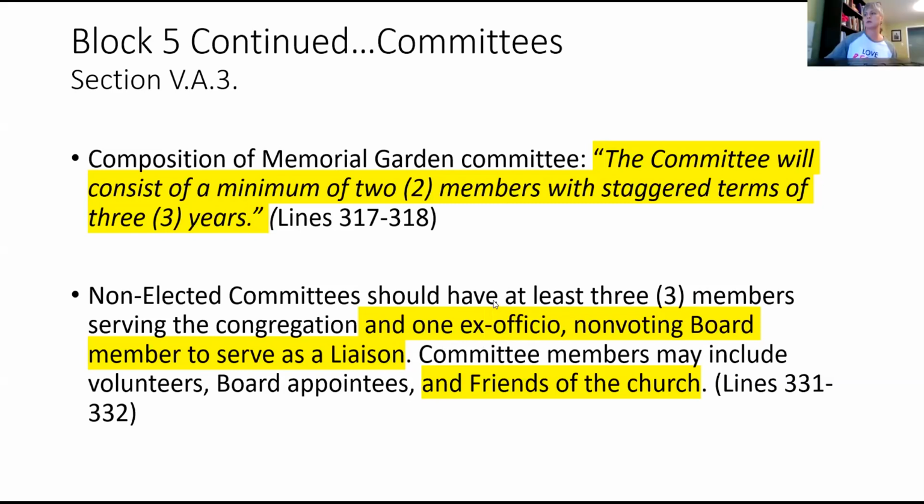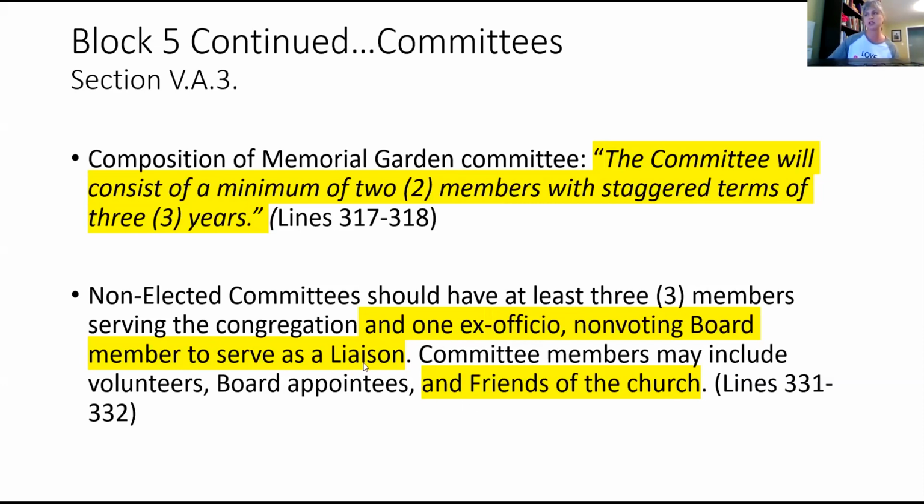This is essentially the same, the change, the 3 members was already there. The change is the ex officio person being the liaison. Essentially, this aligns it with this not being the board president.